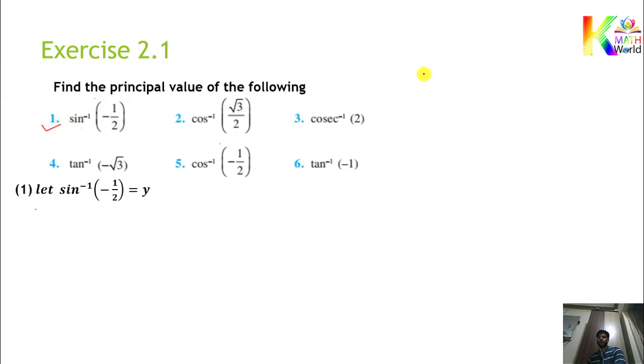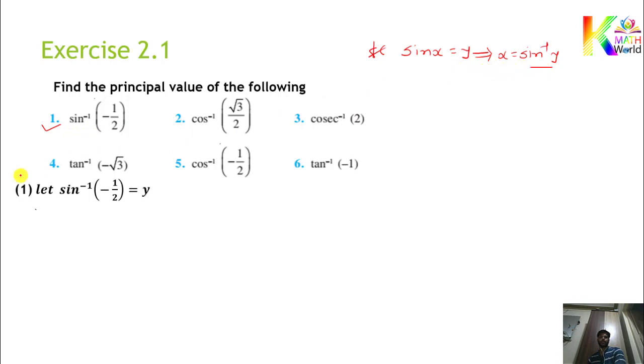This is an important thing we have discussed: sin x equals y implies x equals sine inverse y. Here the sine inverse format is given, sine inverse y equals something.